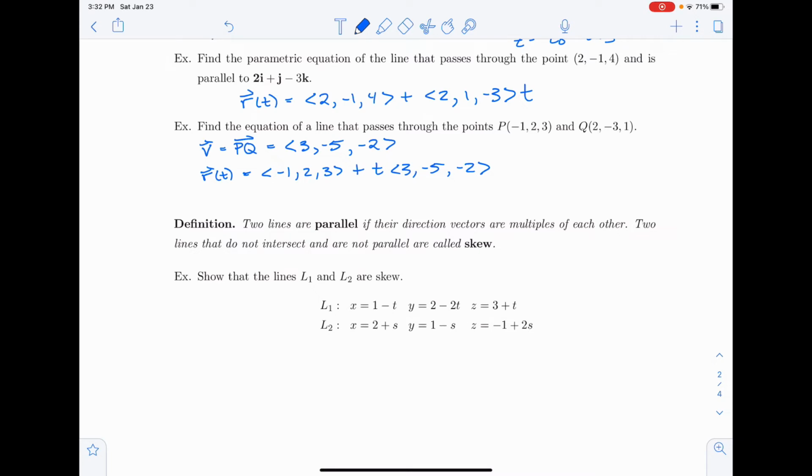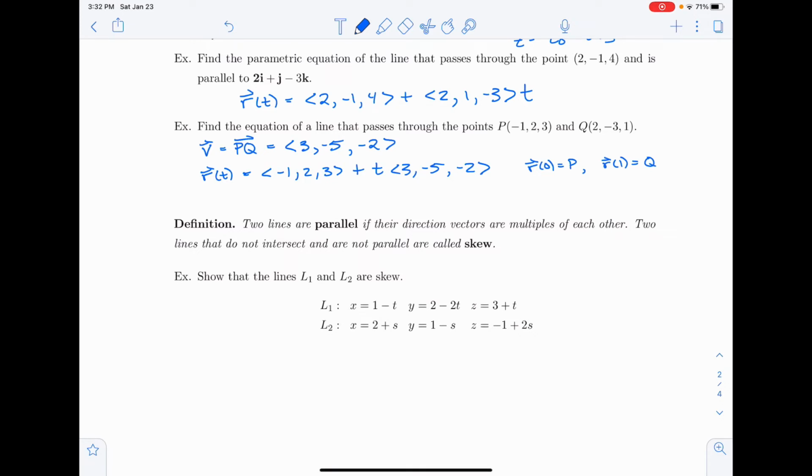If you let t be 0, then you get the point P. And if you let t be 1, then you should be able to verify for yourself that you get the point Q. So r(0) in this case is going to be P, and then r(1), you can verify for yourself, is actually going to be Q.